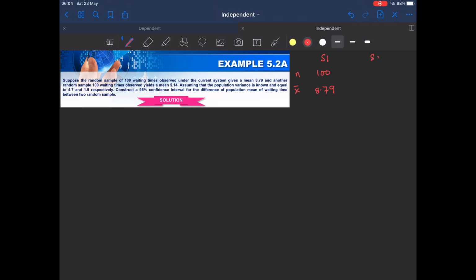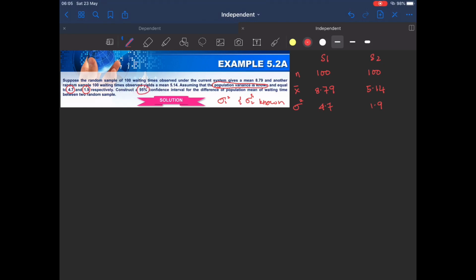For sample 2, n is also 100 and the mean is 5.14. Assuming both population variances are known, sigma 1 and sigma 2 are known and equal to 4.7 and 1.9. So you have sigma square here, 4.7 for sample 1 and 1.9 for sample 2.